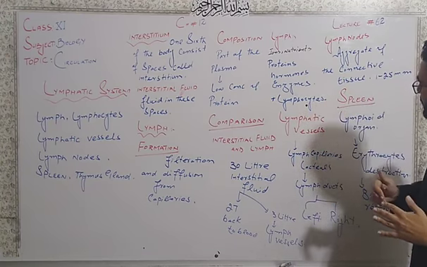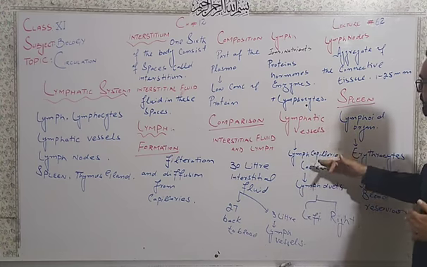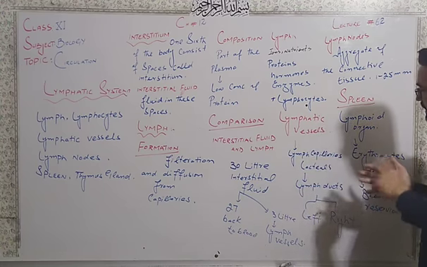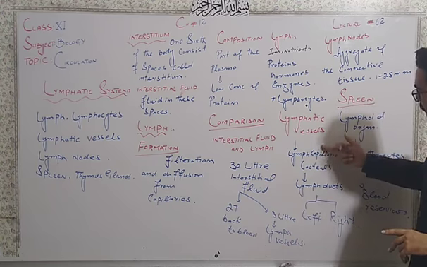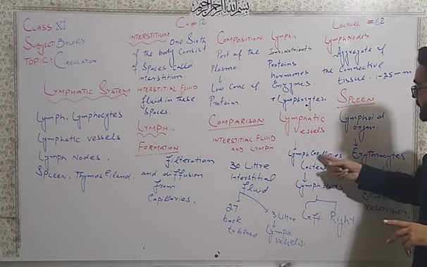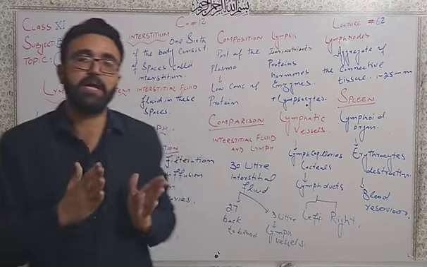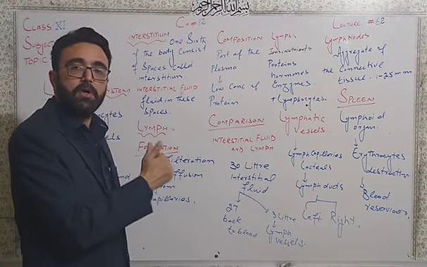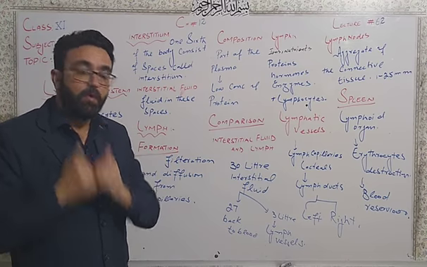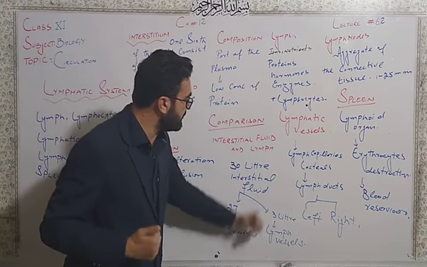If we look at the lymphatic vessels, we have lymphatic capillaries first, which are called lacteals. After the lacteals, they open into the lymph ducts. The lymph ducts are also just like the veins. They have valves, so the backflow is not possible.